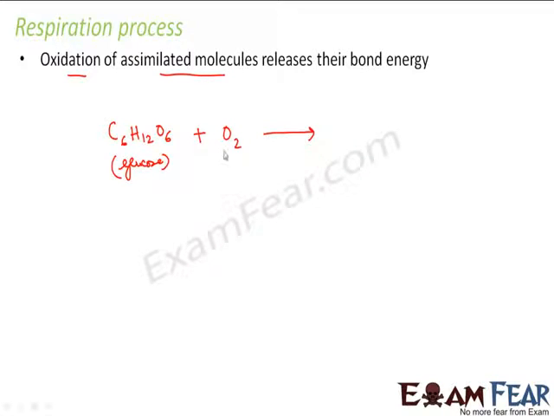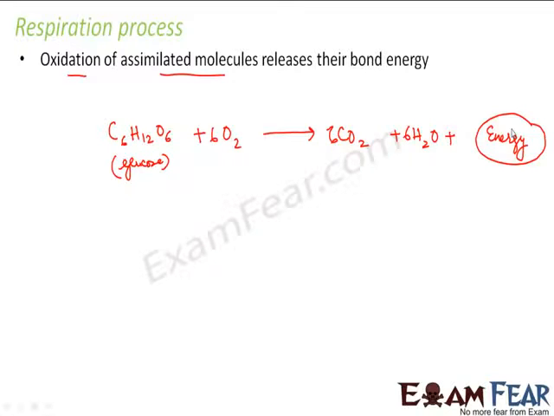This glucose in presence of oxygen will give carbon dioxide plus water plus energy. This energy is what we are looking at. It is the released energy which will be utilized for the various activities happening inside the body.